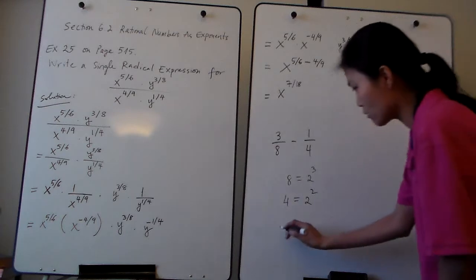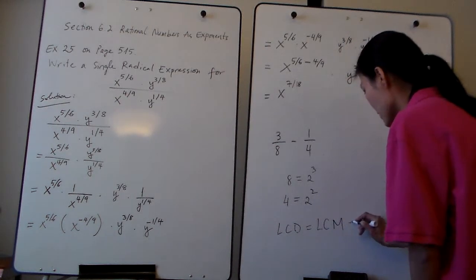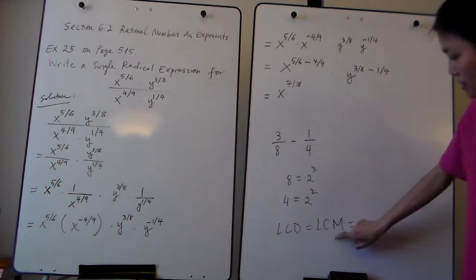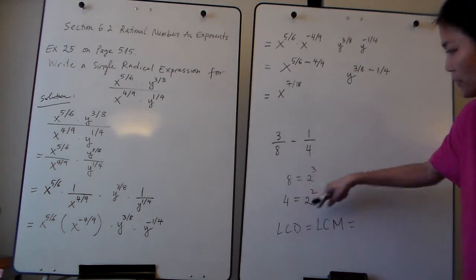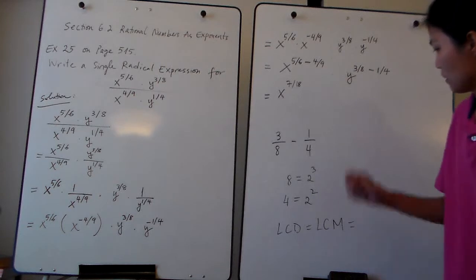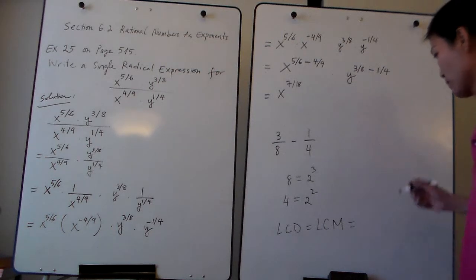Okay. The LCD is equal to the LCM, and the LCM is the product of all the factors from the denominators, where for each factor you use the one with the greatest number of times that it occurred.